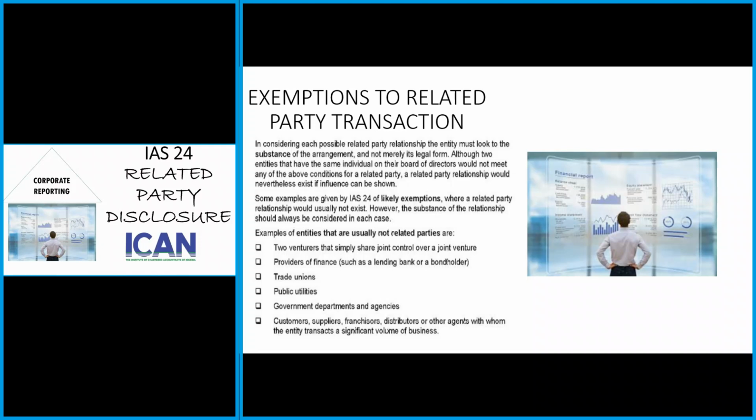Like I said, two entities that have the same individual on their board of directors will not meet any of the above conditions of a related party transaction, because the person is just an individual doing his job. But influence could make that organization fall prey because of that person manning two organizations on their boards. A related party relationship will nevertheless exist if influence can be shown.